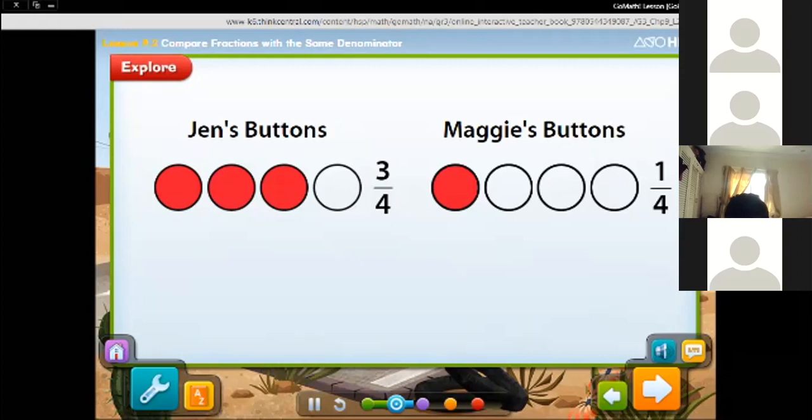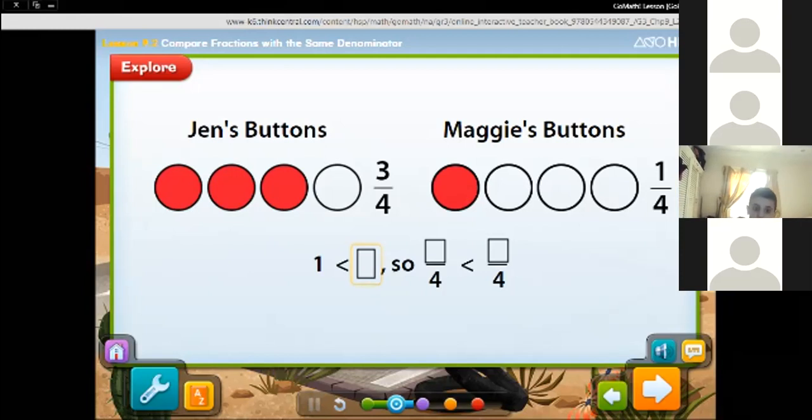Each group has the same number of buttons, so you can count the number of red buttons in each group to compare the fractions. Click the boxes to complete the number sentence. Ibrahim, can you complete this number sentence? Which one? 1 is smaller than what number? Compare the two groups of red buttons. 1 is for Maggie, and how many for Jen?